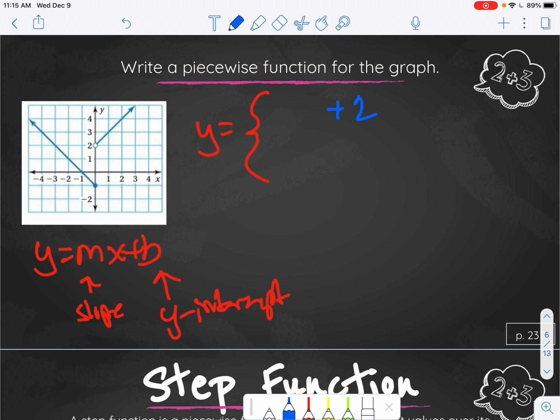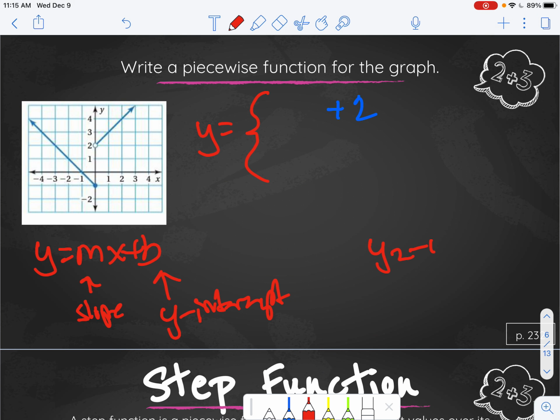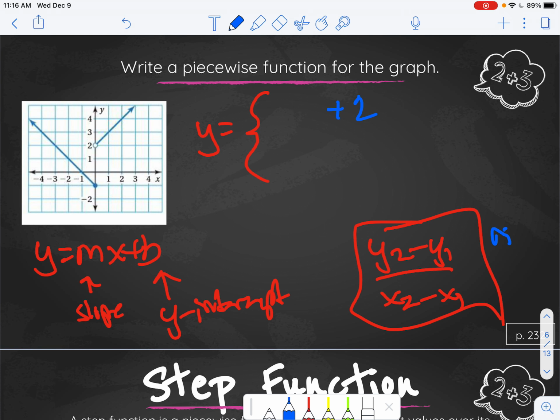To find the slope, you could use our slope formula, which remember, is y2 minus y1 over x2 minus x1. That means that you could choose 2 points on this graph, and then you could plug them into our formula. When they give you a nice graph like this, you also can just do a little bit of counting. Because remember, slope is rise over run. So if we can just count the rise and the run between 2 points, then we're good.